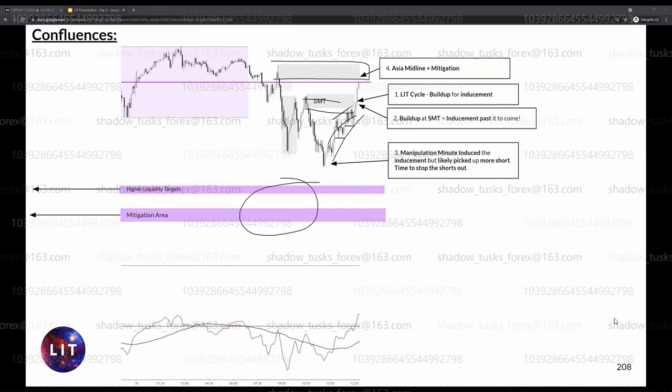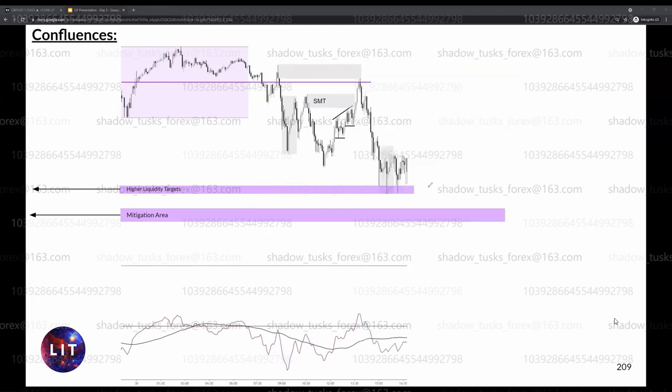Okay, so you expect of course the tube inside here, building up false equal lows in here, just trapping retailers even more. We wait for our perfect ideal time window, which of course is London now, equal lows, sorry, New York in here, New York trap time, build up, inducement into these areas, and of course we expect the tube in here.